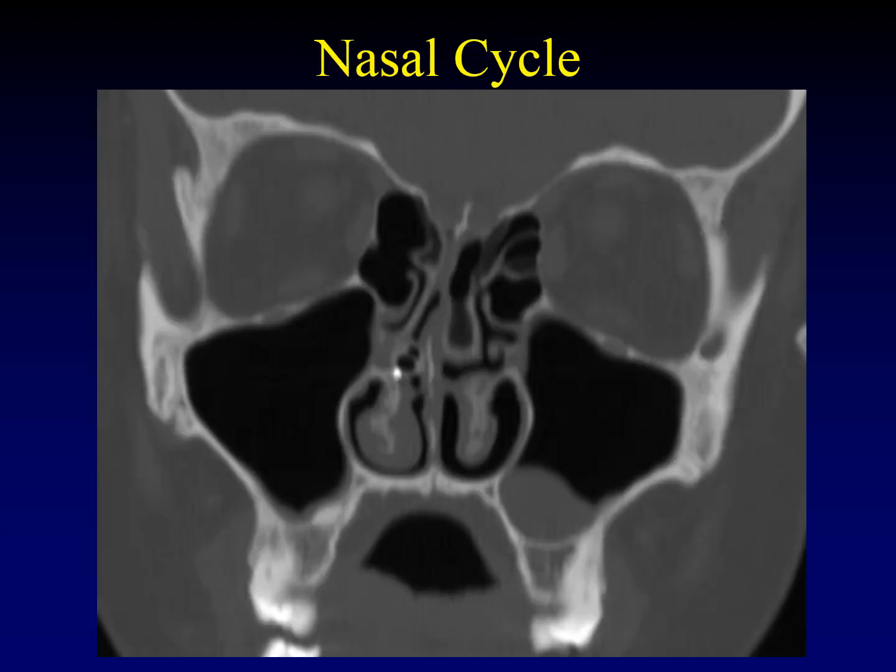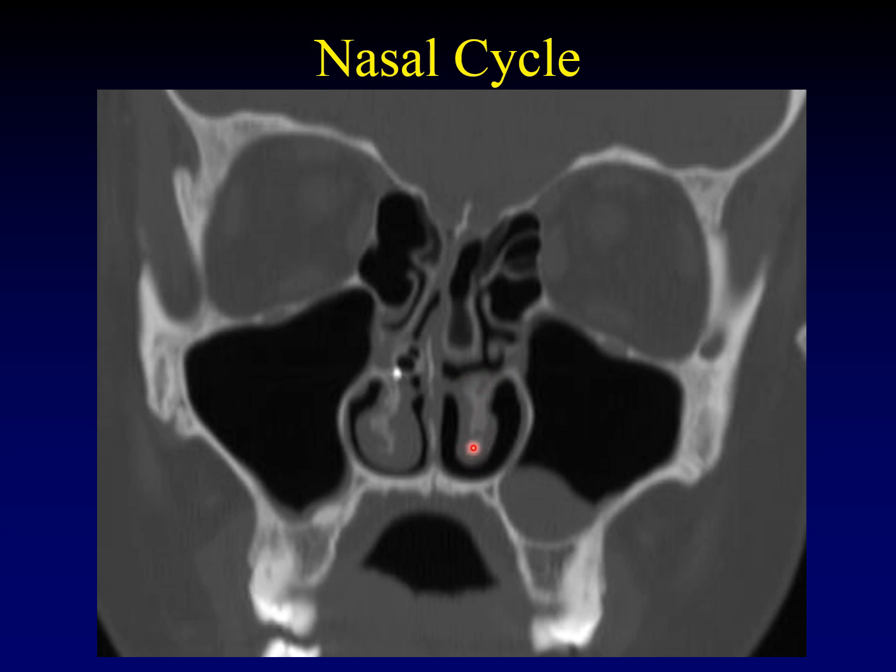A really important concept when you are assessing the nasal cavity is the concept of the nasal cycle. Notice in this picture how thick and robust the inferior turbinate is on this side, actually all of the turbinates on this side, and how relatively atrophic the mucosa looks around the inferior turbinate on the other side.